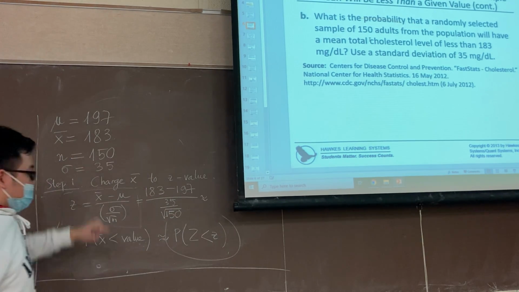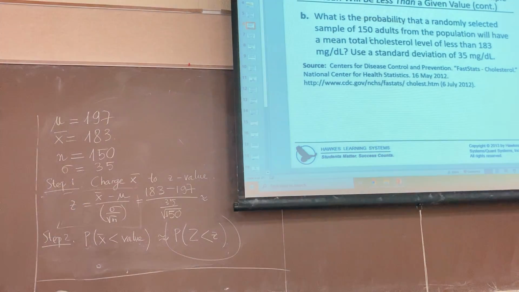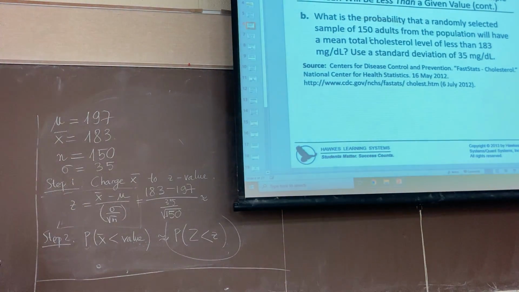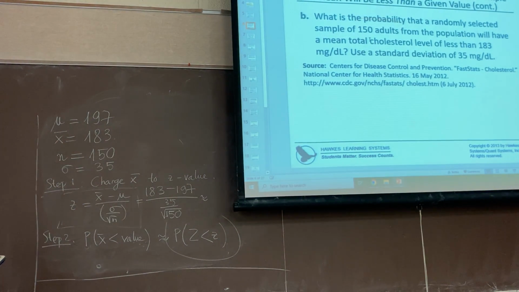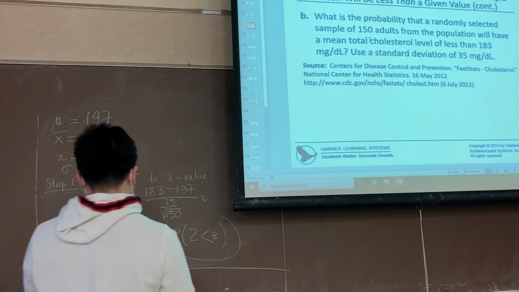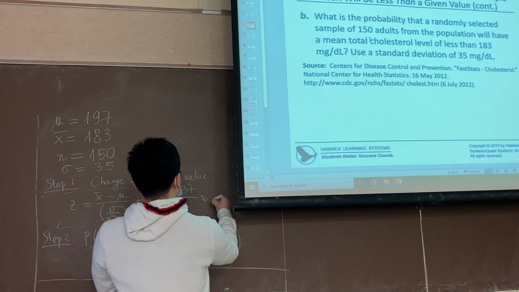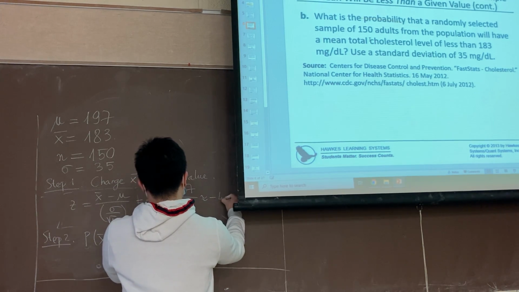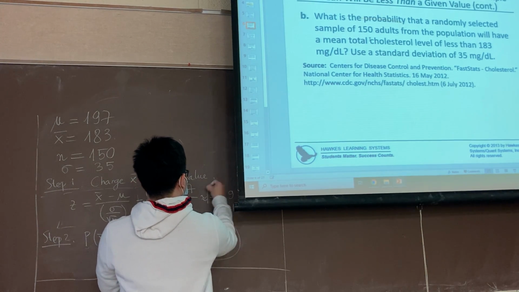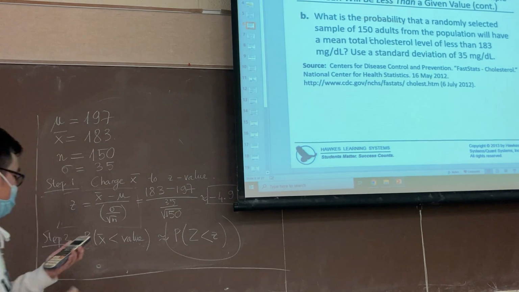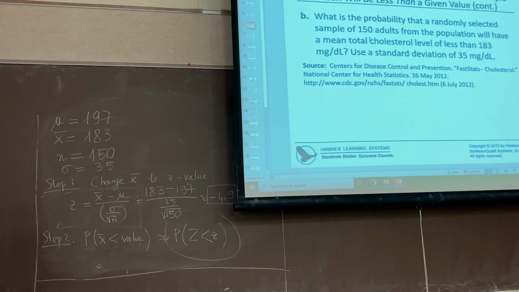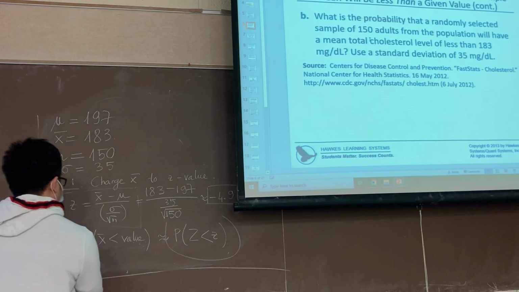So now you will get the value here. The answer should be negative 4.9, right? Is it clear this time? Just change the x value to z value.